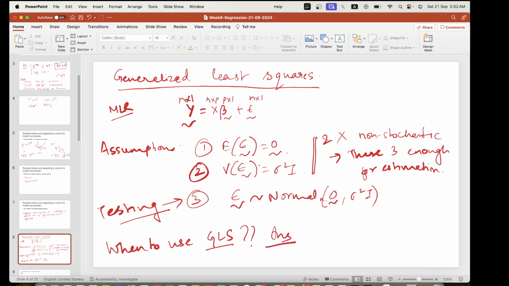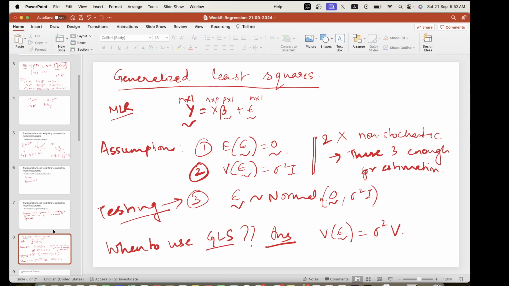The answer is when we don't have sigma square I, when we have variance of epsilon equal to some sigma square v, or rather I would prefer writing it as sigma square V. So what is V?